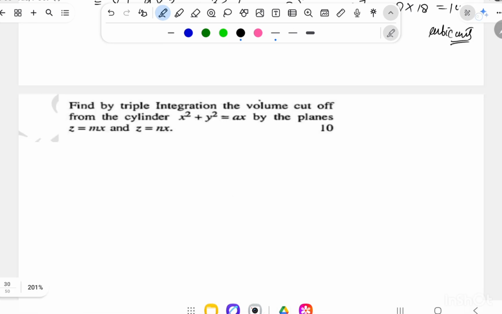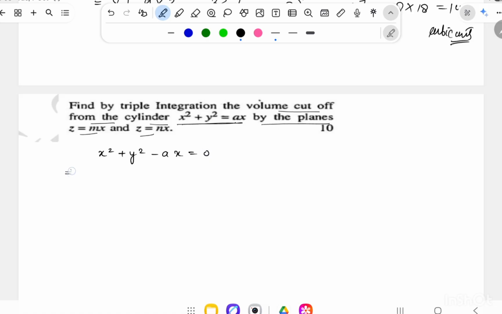So this question says that find by triple integration the volume cut off from the cylinder, this is basically the equation of the cylinder, by the planes this and this. So we have a given cylinder, and if I simplify its equation, it is x square plus y square minus ax equals to 0.